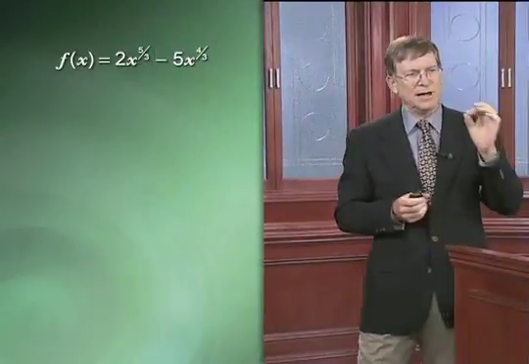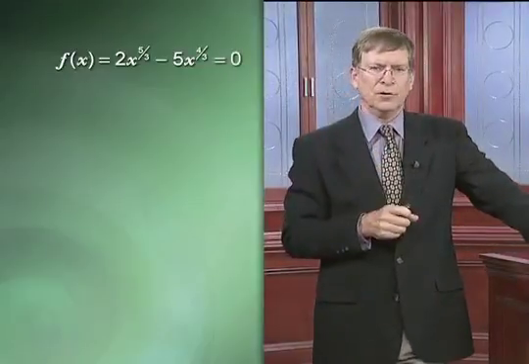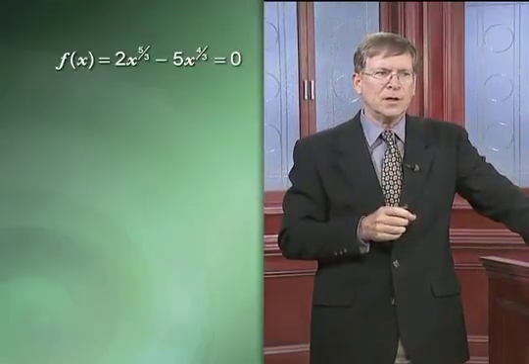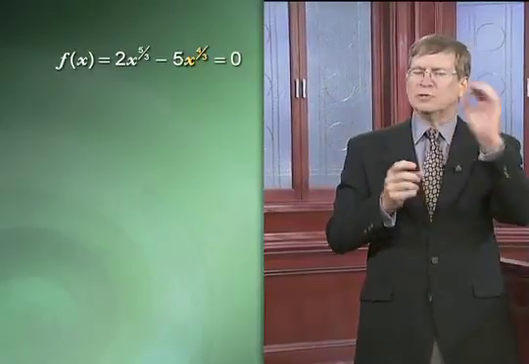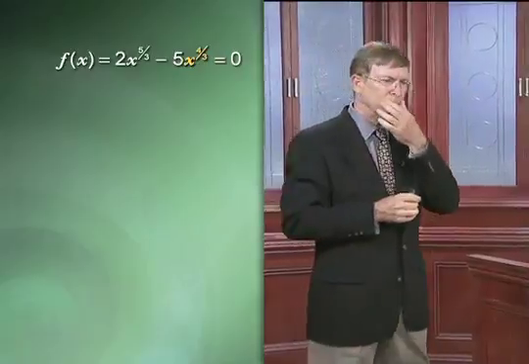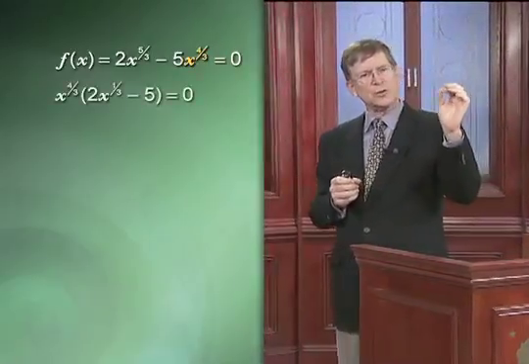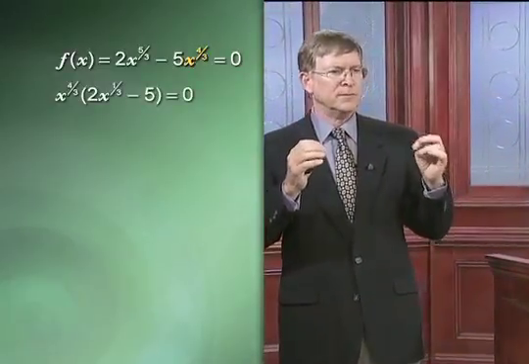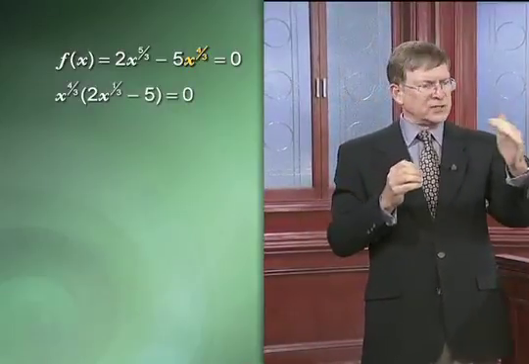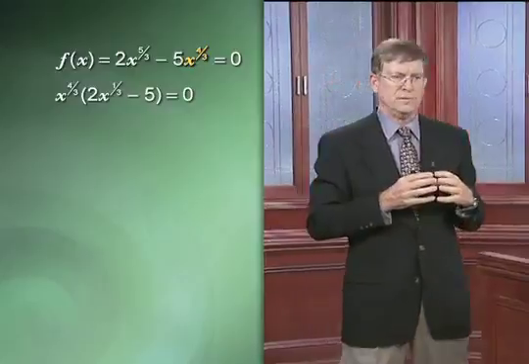The original function was 2x to the 5/3 minus 5x to the 4/3. I want to know where that function equals 0. That would give me the intercepts. Well, let's factor out x to the 4/3, the largest power of x. And when I do that, I'm left with 2x to the 1/3 minus 5 inside the parentheses. You can check that by multiplying x to the 4/3 through the parentheses, and you'll get the original expression.